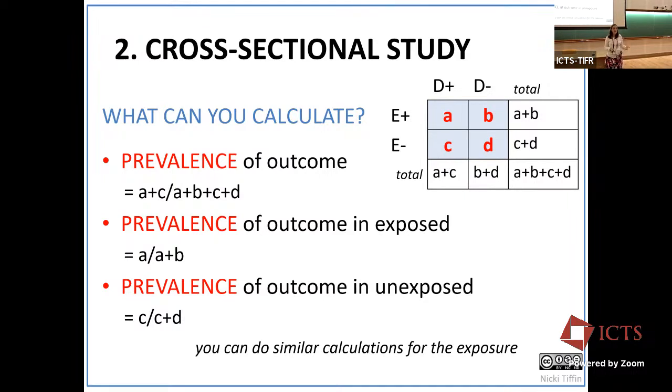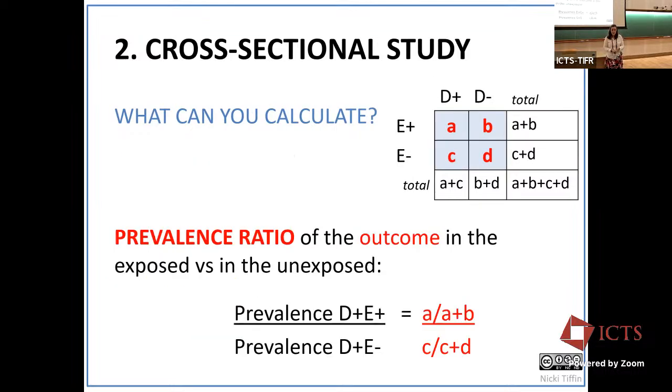and then you can stratify according to who has the disease and the exposure, who has the disease without the exposure, and vice versa. And you can work out the prevalence of the outcome in people who had the exposure, the prevalence of the outcome in people who didn't have the exposure, and then you can calculate a ratio.